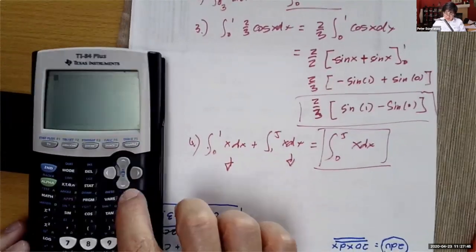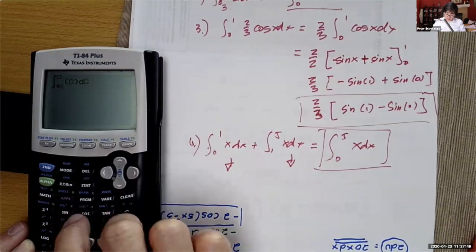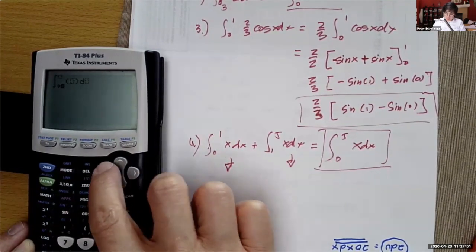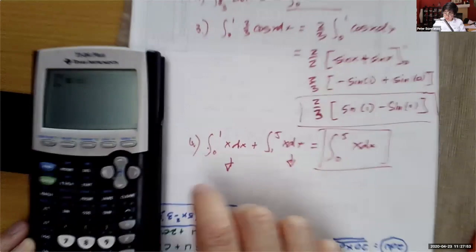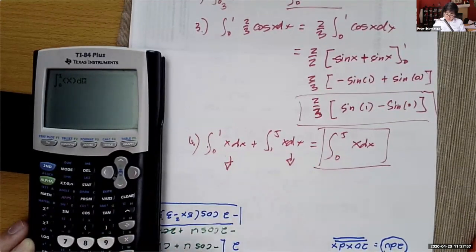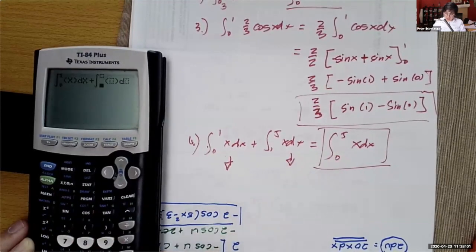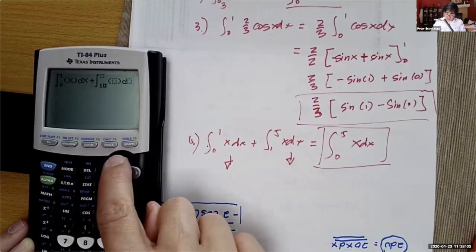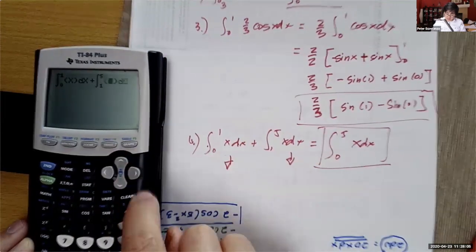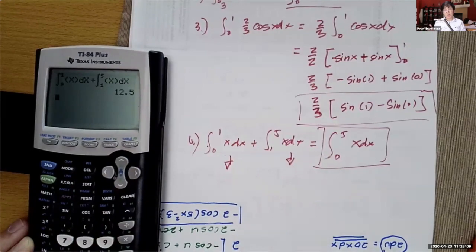All right, math 9, 0 to 1, wrong, 0 to 1 of x dx plus math 9, 1 to 5 of x dx, 12.5.